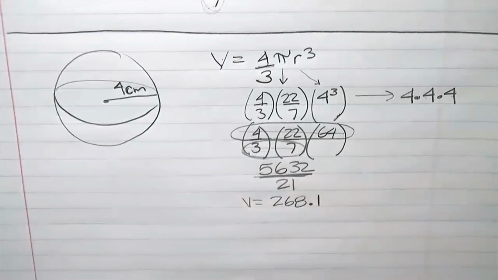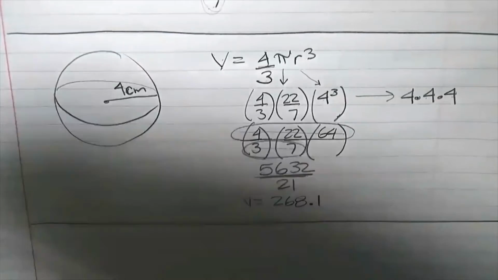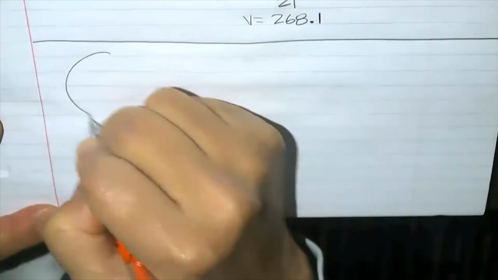There's your volume. Okay? But life does not stay that simple. Don't we wish? Because then the book likes to do something like this to us.